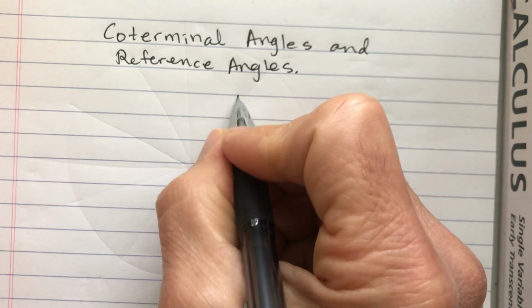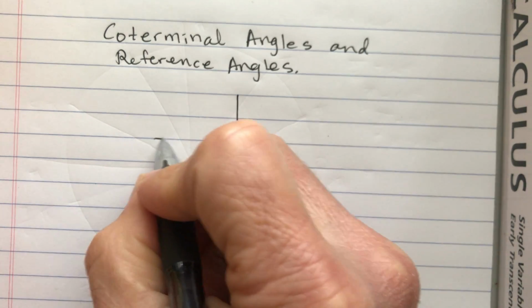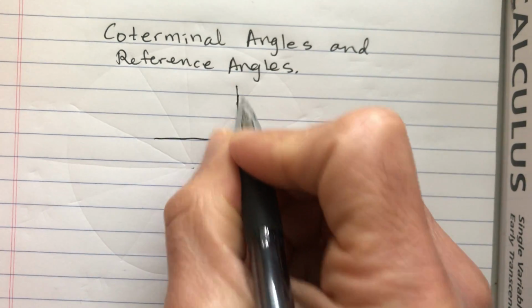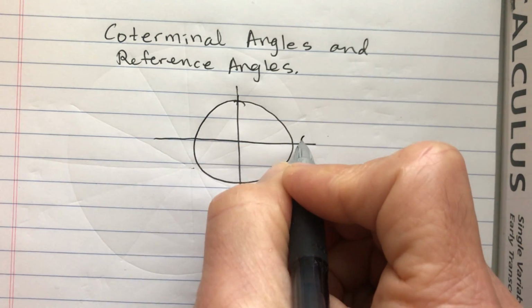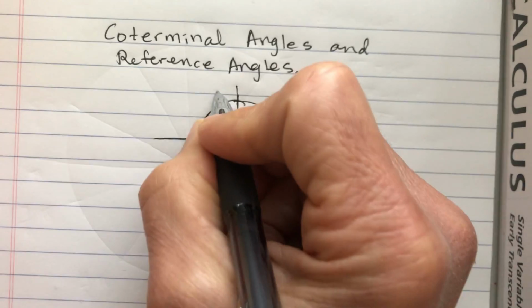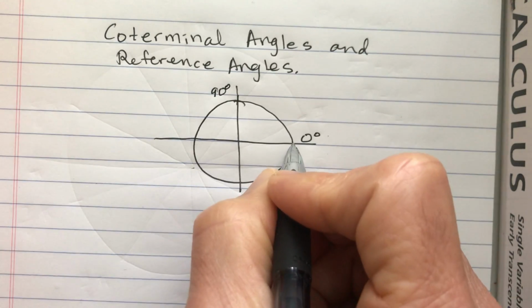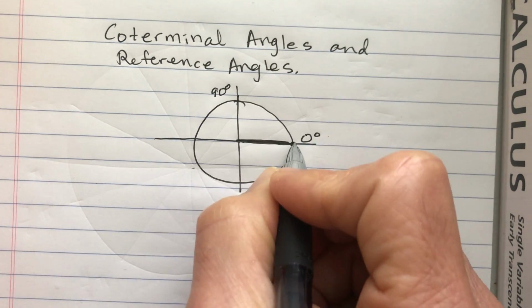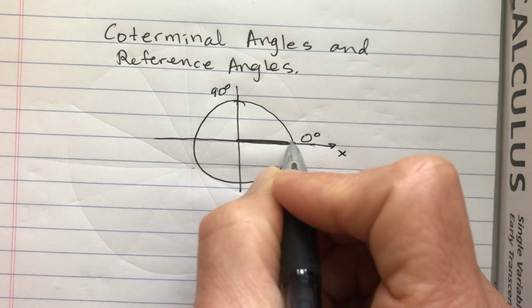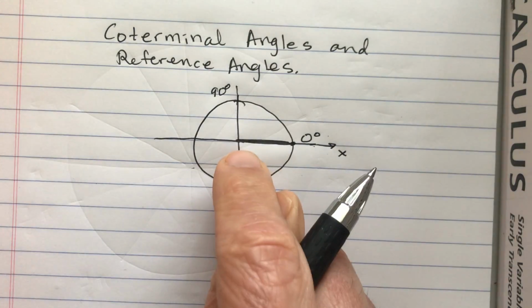All right, let me just give some sort of a background here of an idea that if you have a circle, and suppose we're identifying this all in radians here. So the way I'm working on this is I start here at the x-axis, and we're looking at angles that are in a standard position.